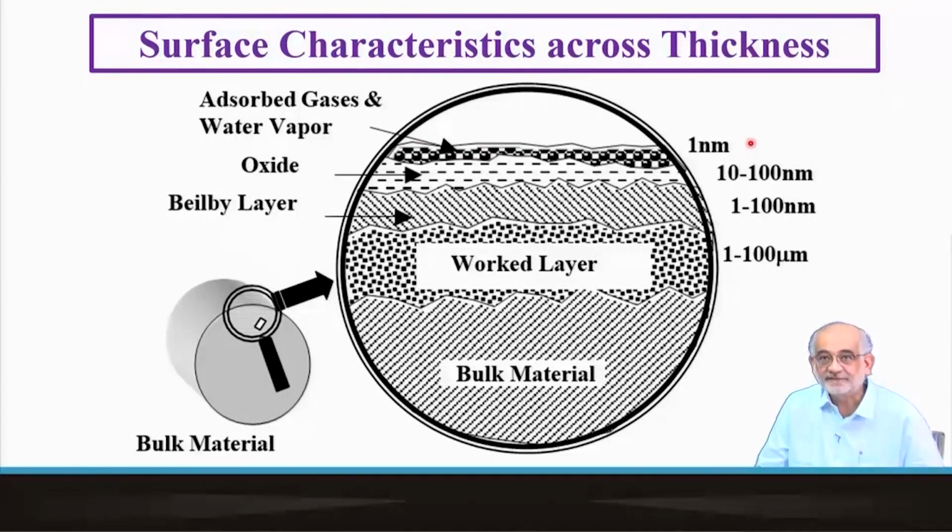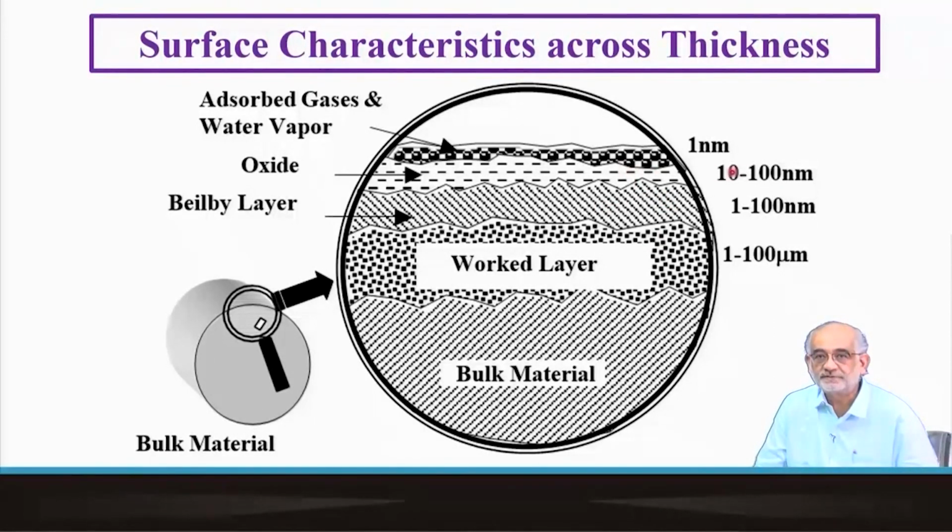So now look at the numbers. So for the first layer, we are talking about only about a nanometer, 10 raised to minus 9 of a meter. So you're talking about 1 or 2 layers, that's all. Then you may have about 10 or maybe few tens of nanometers. And this is where you can have a very highly deformed and smeared layer.